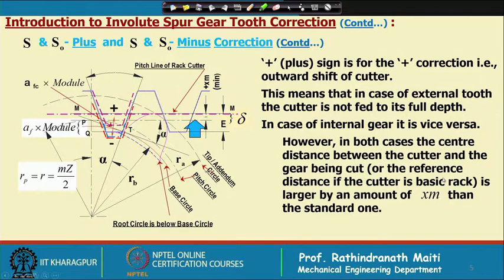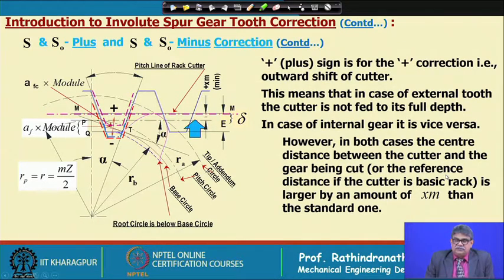if we give the plus correction, as in case of internal gear, the teeth gap is the same as the number of external gear teeth, and the gap is the teeth in case of internal gear.